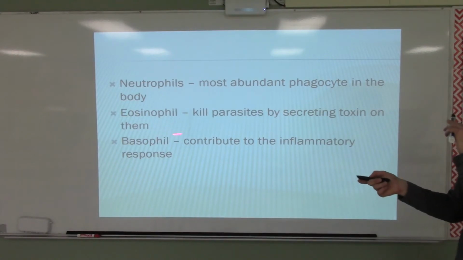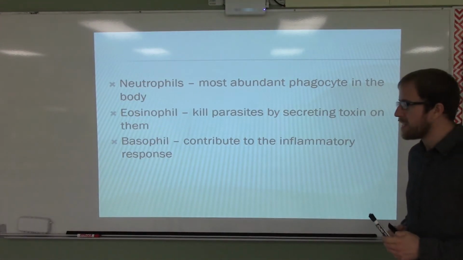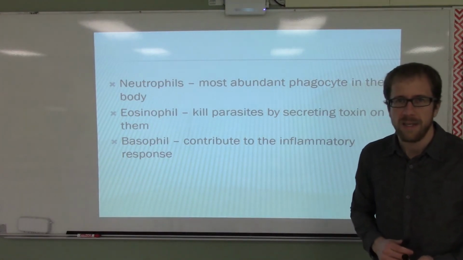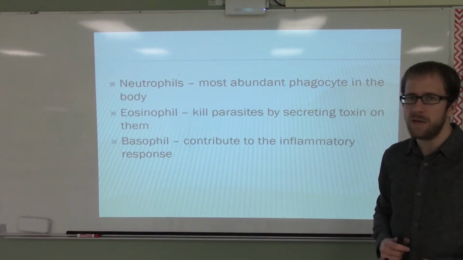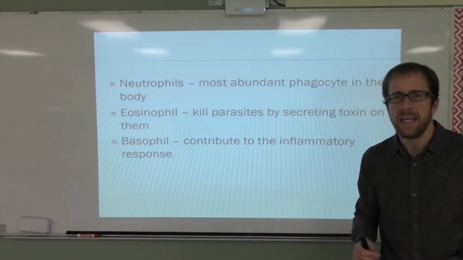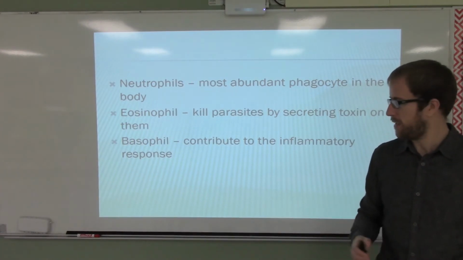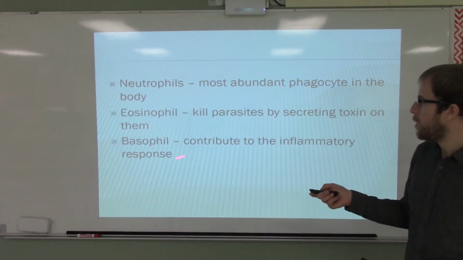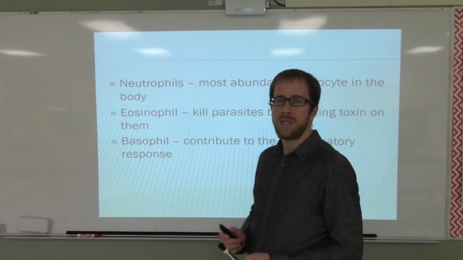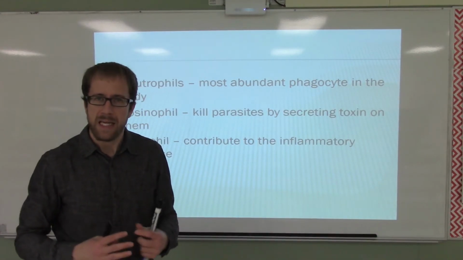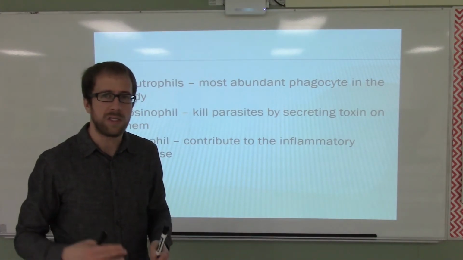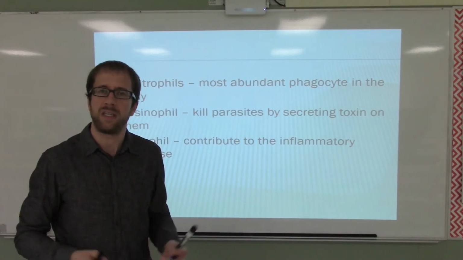Now you have eosinophils. These are specialists in killing parasites. If you had a parasitic worm living in your gut, your eosinophils would attack it and secrete things on it to kill it. And lastly, you have basophils. These are important for the inflammatory response. They will often release histamines, which is one of those inflammatory cytokines, one of those things that starts inflammation.